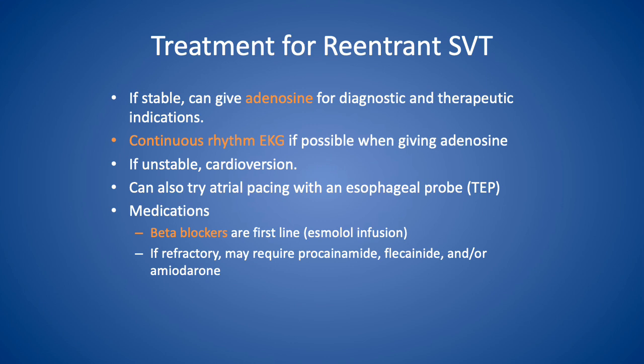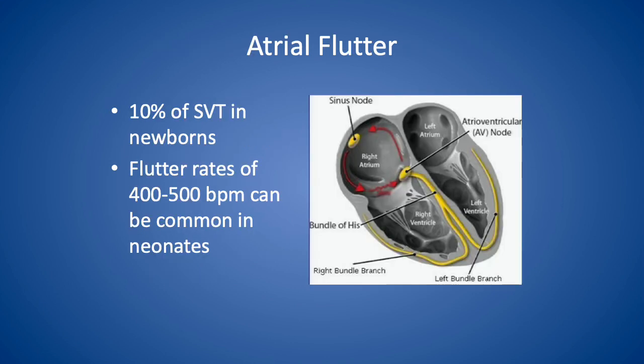And you could also, again, think about atrial pacing if you have pacing wires, or through an esophageal probe even. Medications, typically beta blockers are, again, your first line. If you're needing a continuous infusion, esmolol would be a choice. And then if refractory, you could think about other medications like procainamide, flecainide, or amiodarone.